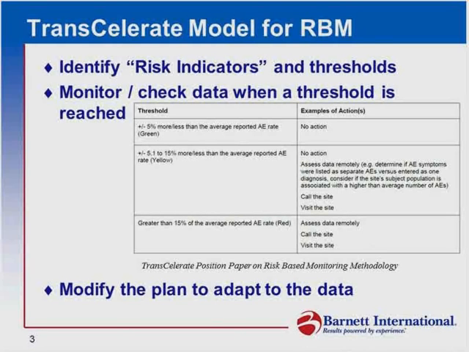And then they also recommend, as you're going through the study, looking at these risk indicators, you might decide to modify your plan, change some of these thresholds to be more or less strict. And the thresholds themselves depend on how the key risk indicator impacts the primary objectives of the study.